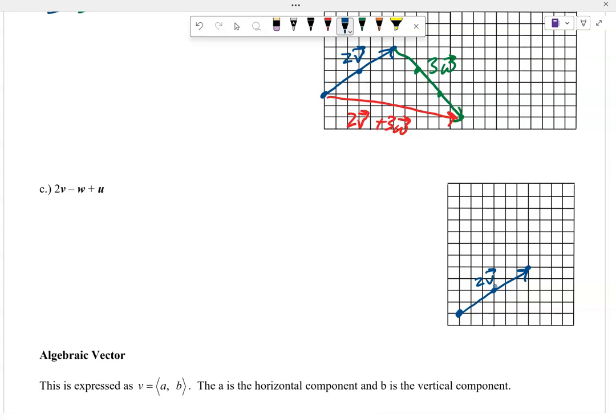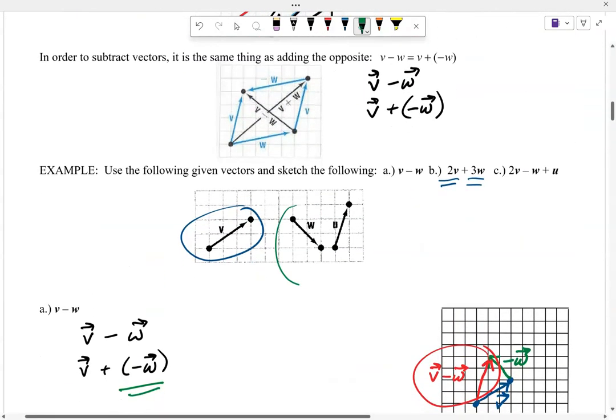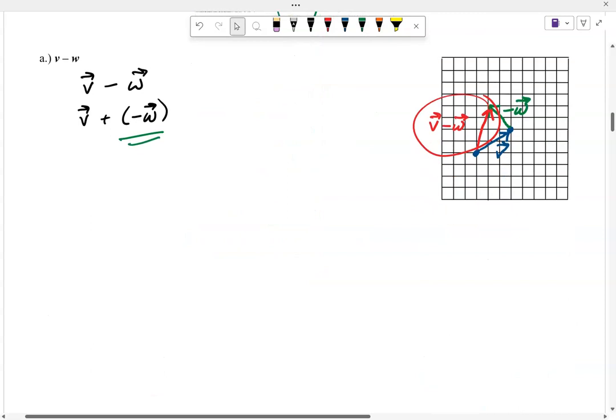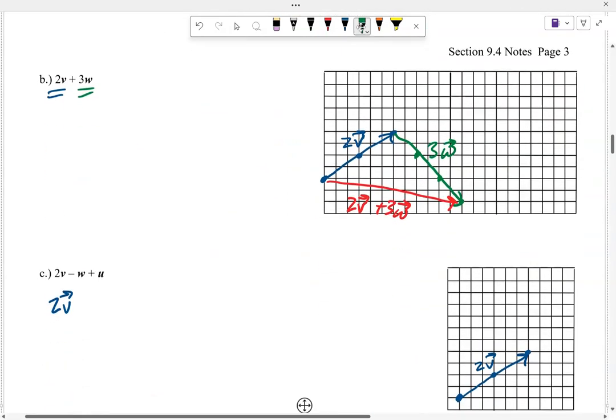And then minus w. Remember, w was down to right 2, but I want to go the other way. So up to left 2.